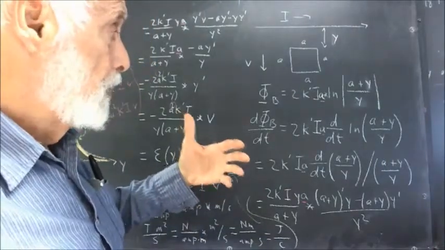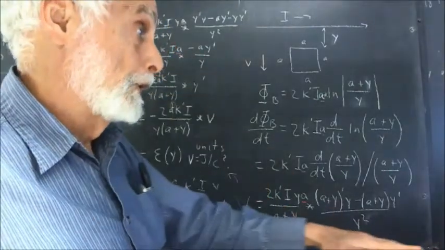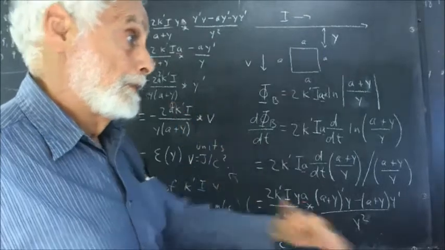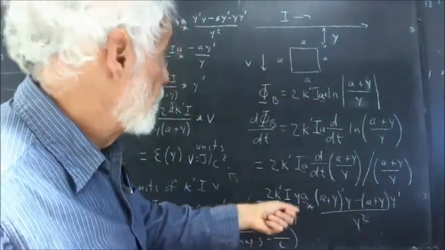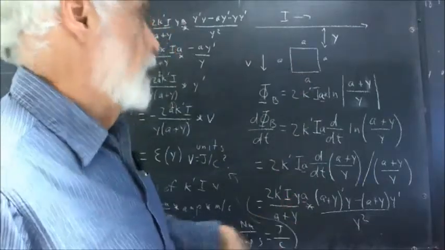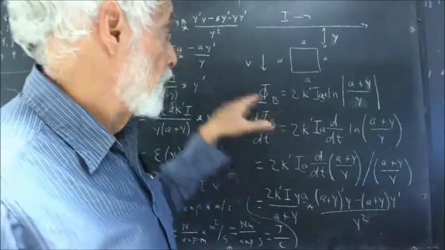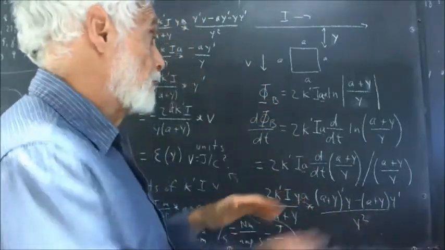And it's going to be decreasing at a decreasing rate. It's going to be decreasing concave up, which means that if we're moving this away at a constant velocity, the distance will be proportional to the time, and a graph of flux versus time is going to have this characteristic where it approaches 0.